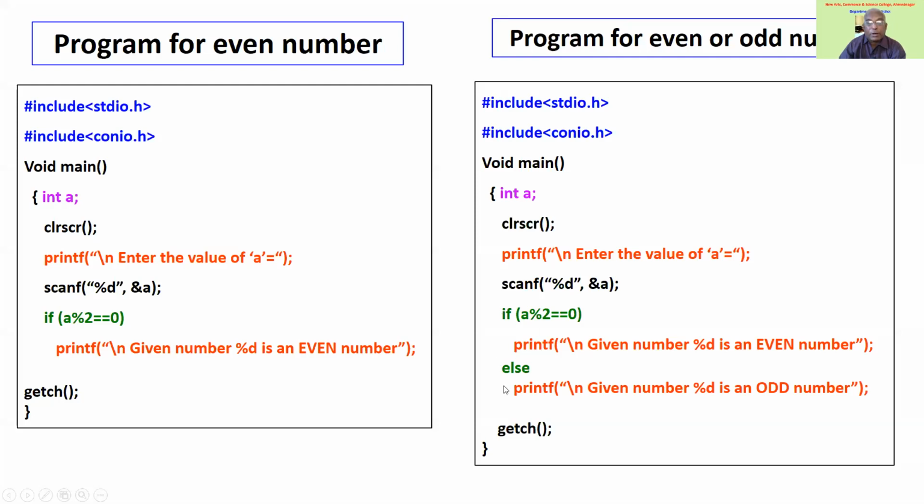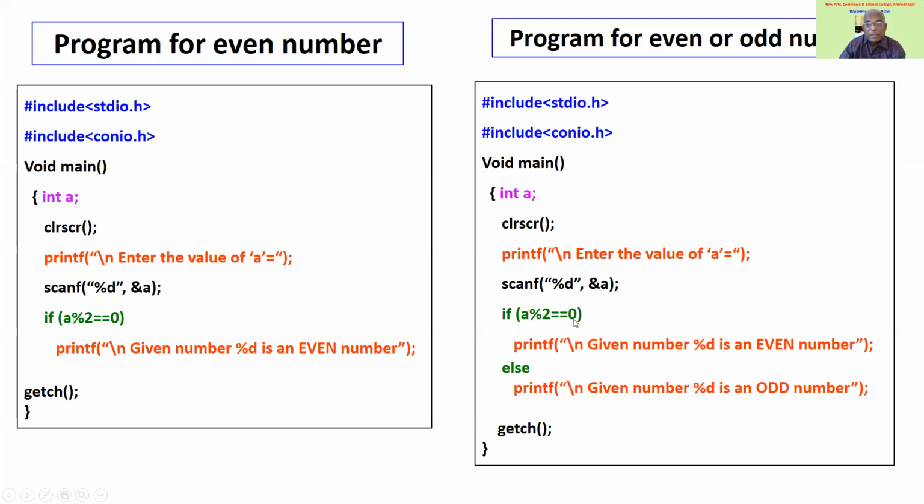This part is important. Now I have used here if else, because I want to separate even numbers as well as odd numbers. So once again, a%2 means the remainder of a when divided by 2. If it is equal to 0, the remainder is 0.